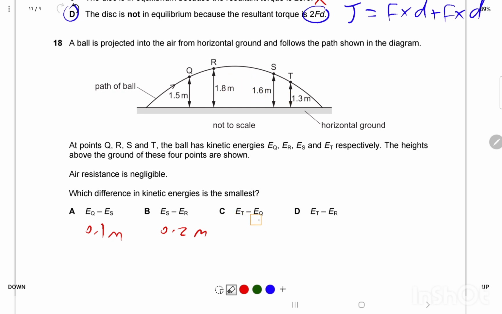Next one, ET and EQ, we compare T and Q, and the difference is again 0.2 meters. And then for T and R, the difference is 0.5 meter. Clearly option A is the correct answer.